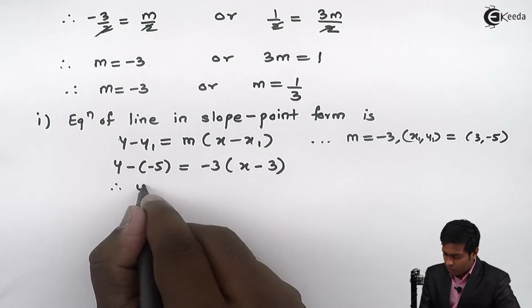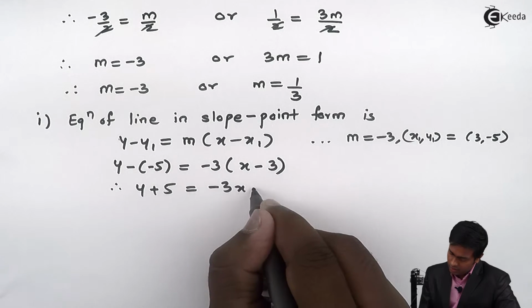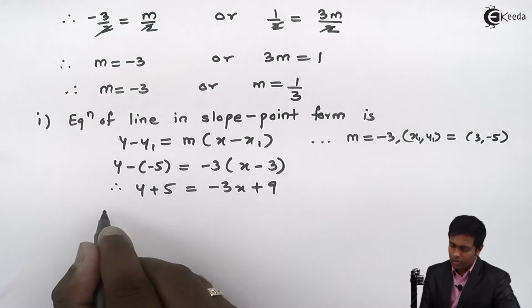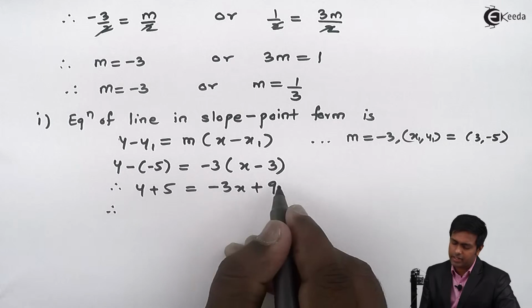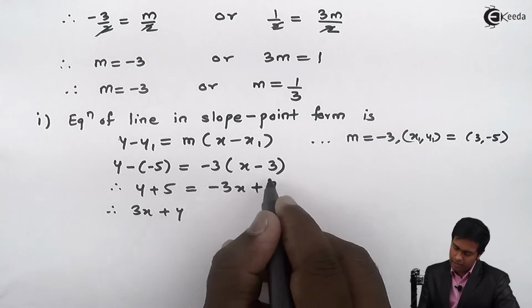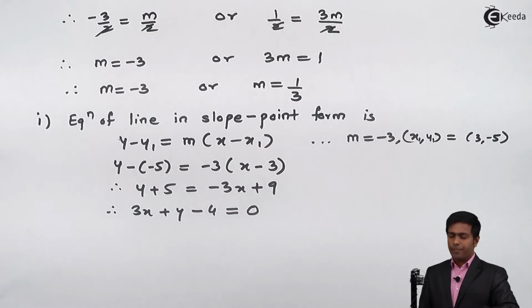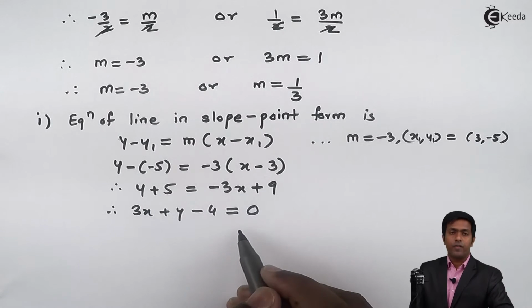So therefore we'll get y plus 5 equal to minus 3x plus 9. So therefore by sending this minus 3x and 9 on the right hand side we'll get 3x plus y, 9 will become negative, minus 4 equal to 0. So this is the equation of the required line.